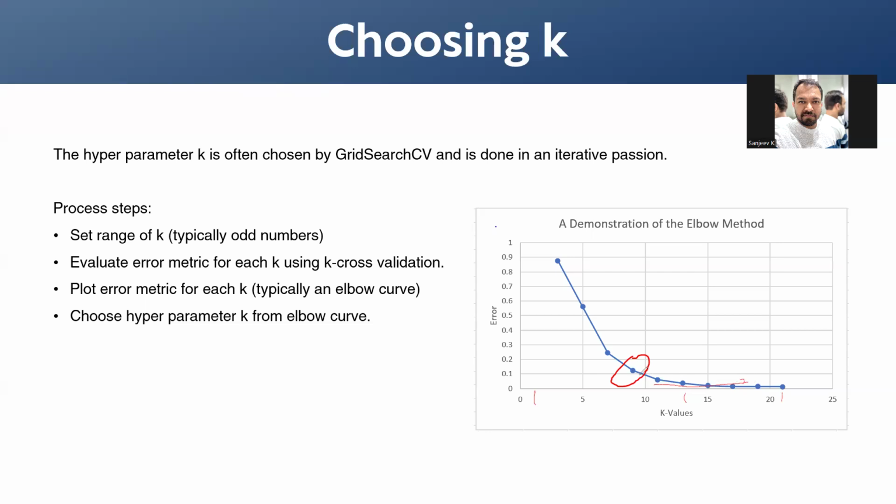So we can stick to k equal to 9 in this case based on this particular graph. This graph is nothing but an elbow graph. What the elbow does is it tries to identify a point after which there is no change in error, or the change in error is almost negligible. So choosing k is hyperparameter tuning, and this can be done by grid search CV with k-fold cross validation.